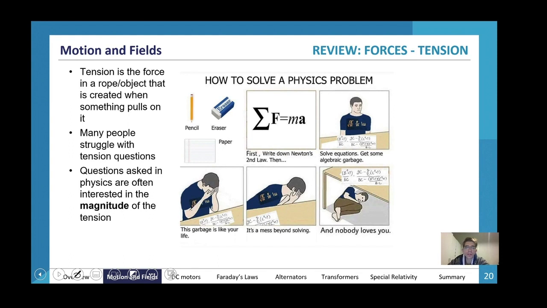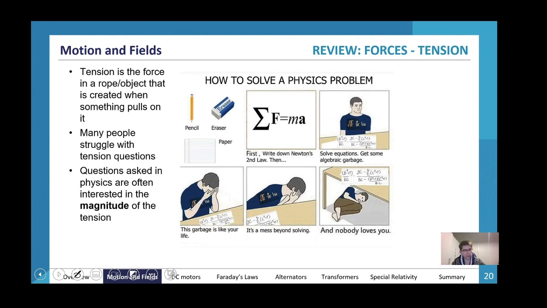Now, tension is absolutely the most difficult topic on the exam. Year after year after year, students make a mistake when they answer tension questions. Because tension is its own reaction force.